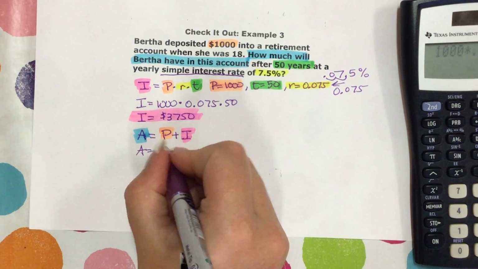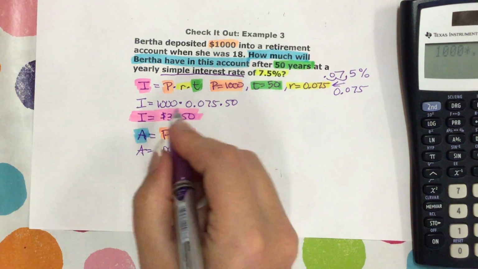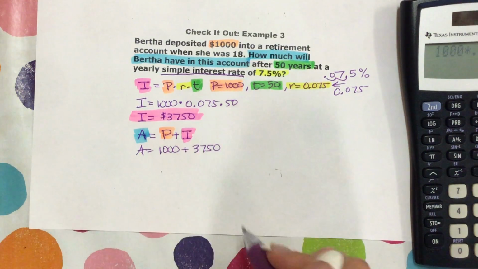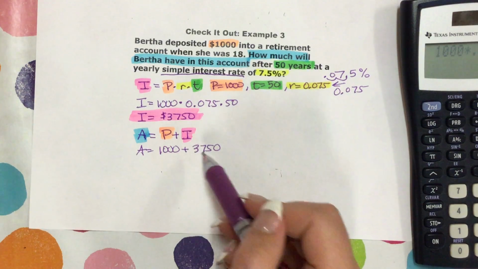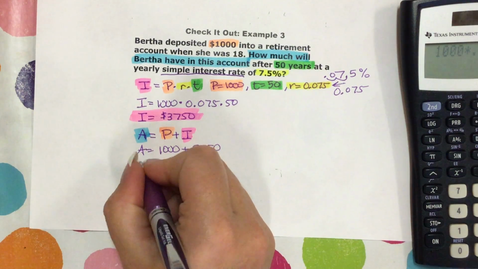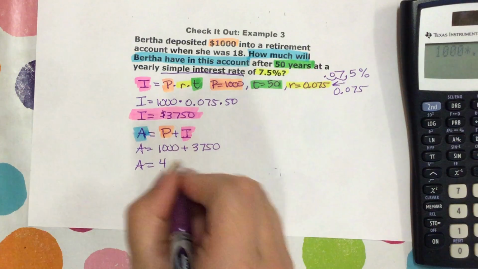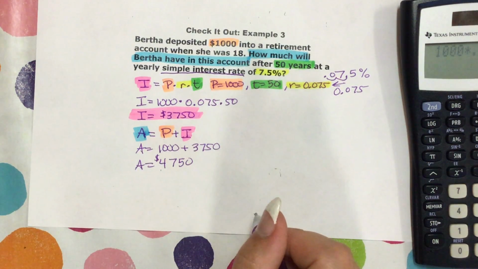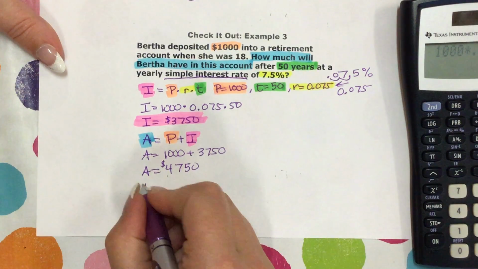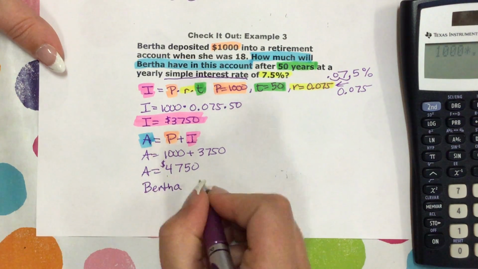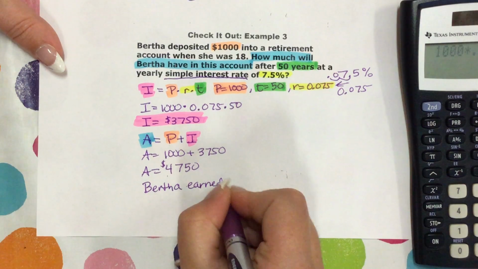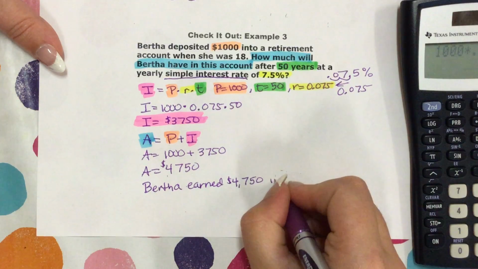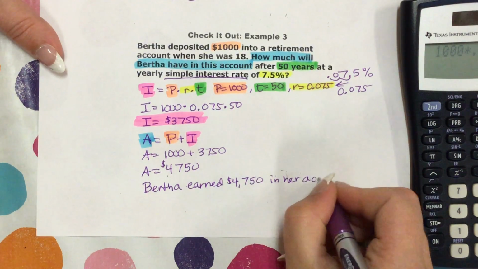So the principal is $1,000 plus the interest earned, $3,750. I can add these pretty quickly. You just go 1,000 plus a 3 is 4. So the amount is $4,750. So we can say Bertha has $4,750 in her account.